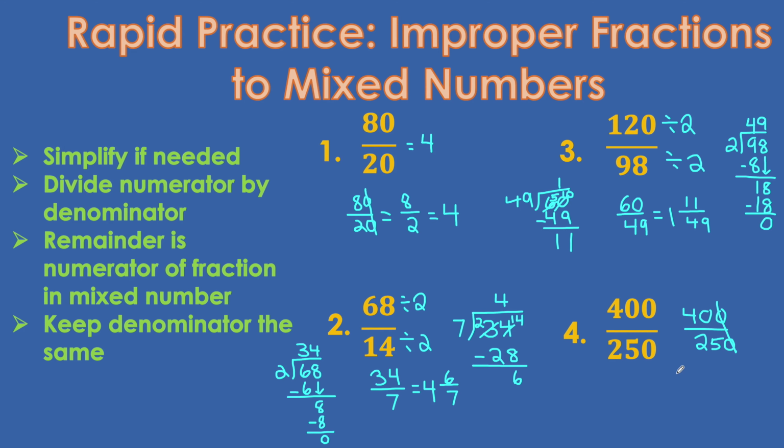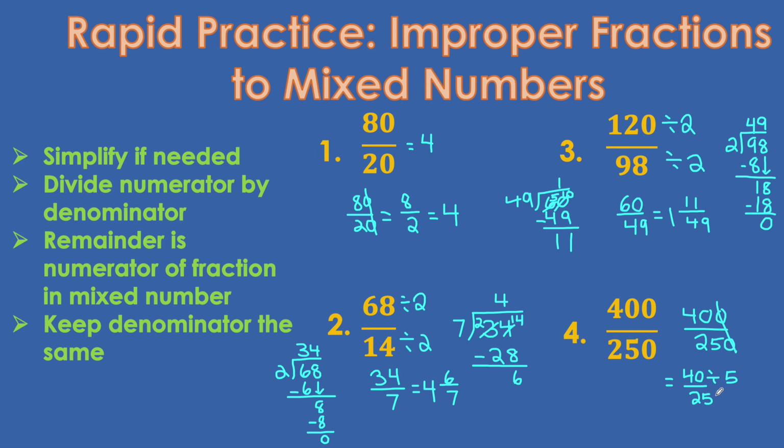We can simplify first, and that will make it much more simple. Now we just have 40/25. Now we find the greatest common factor between 40 and 25, which would be 5.